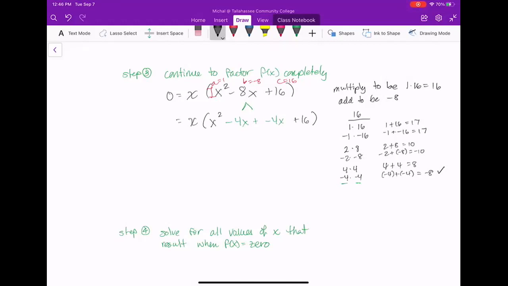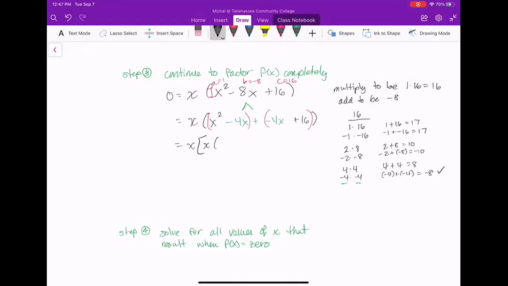Now I'm going to factor by grouping, and I'm going to group the first two terms and the last two terms of my trinomial, which is now a quadrinomial, but that's okay. So to factor out the greatest common factor of those, I get x times, let's see, the greatest common factor of x squared and negative 4x is just x.